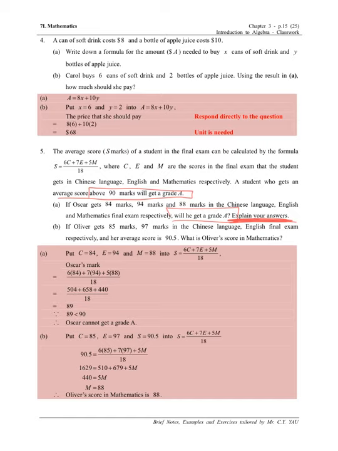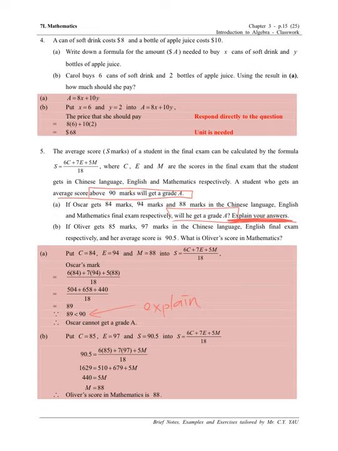Instead, the question is asking whether he can get a grade A or not. So you have to explain, okay? This step is explaining. I say that Oscar cannot get the grade A because his average mark is smaller than 90 instead of above 90.